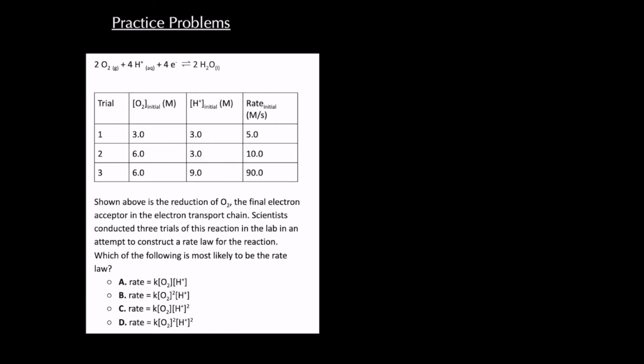And this is going to be very physiologically relevant because this is something you may have seen in AP Bio or Intro Bio, the electron transport chain, notably where our O2 is our final electron acceptor. If that looks totally foreign to you, you may want to go back and study a little bit on the electron transport chain, which is going to occur, of course, in the inner membrane of the mitochondrion of our cell.